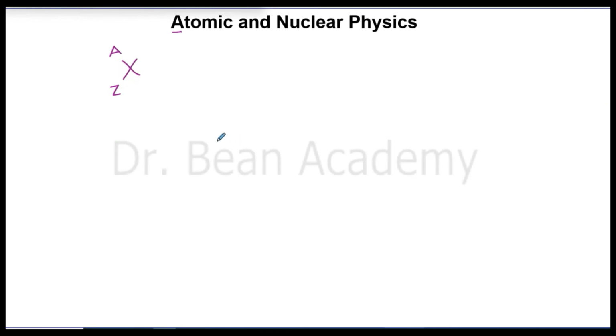So I'm just using one notation: whenever I want to give you an element with information about the nucleus, I will give the mass number at the top of the symbol, and below I will write the proton number. So you know that this is the proton number and this is the mass number.